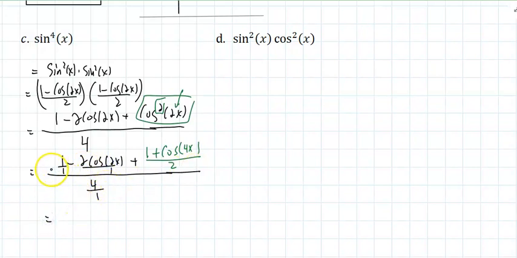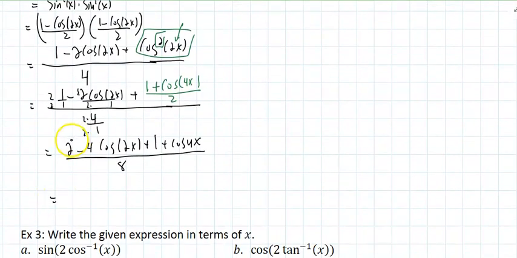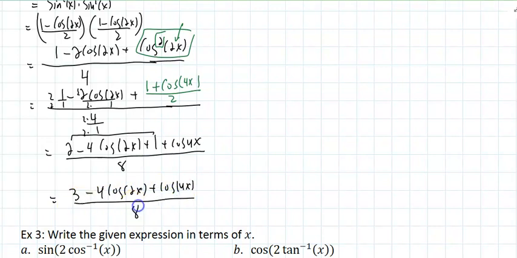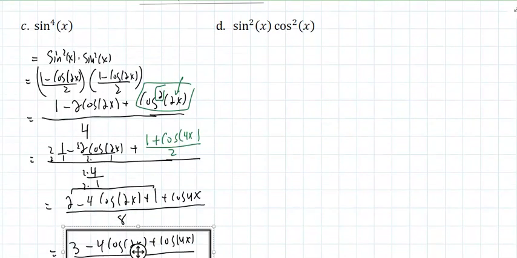So you multiply by 2 top and bottom, and you read the top, 2 minus 4 the cosine of 2x plus 1 plus the cosine of 4x all over 8, and one more step. 2 plus 1 is 3 minus 4 the cosine of 2x plus the cosine of 4x all over 8 would be my final answer, in which the power on every cosine or sine is simply a 1.